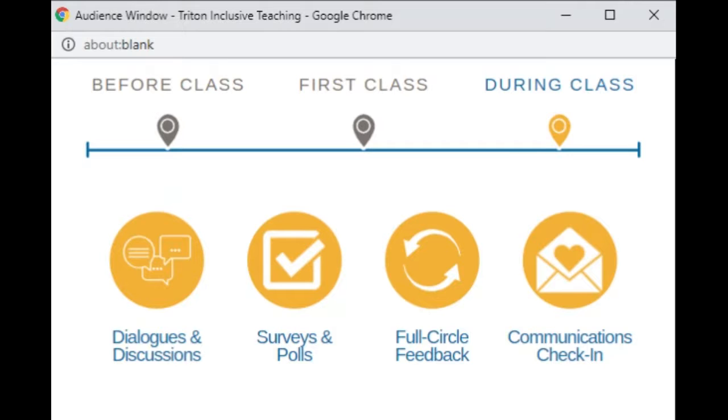And then full circle feedback. There are a couple of different ways you can do full circle feedback. You can do it as feedback for an assignment. You've given a student feedback on a project, then you ask them to respond to that feedback. That creates a dialogue so you can talk about and contextualize progress.